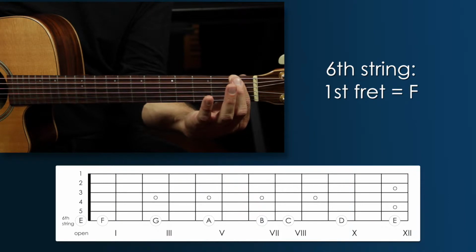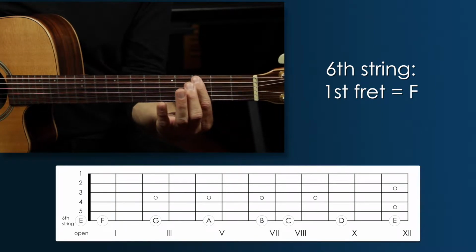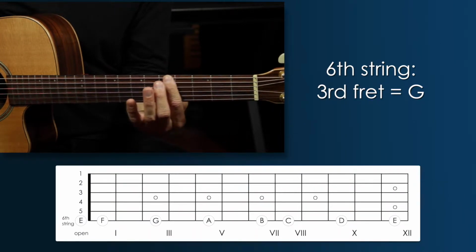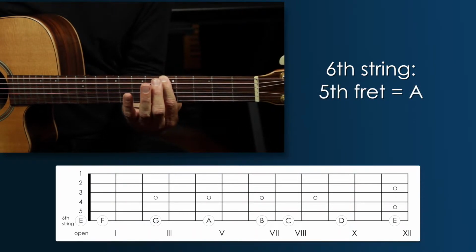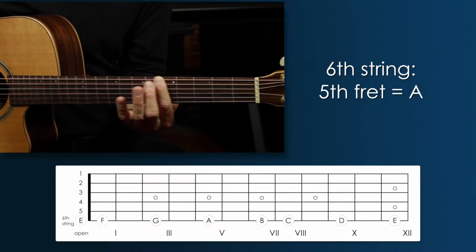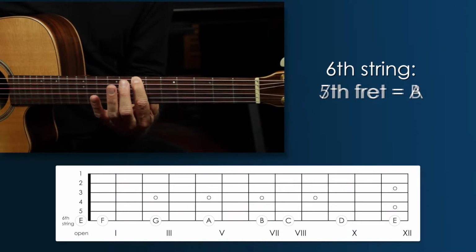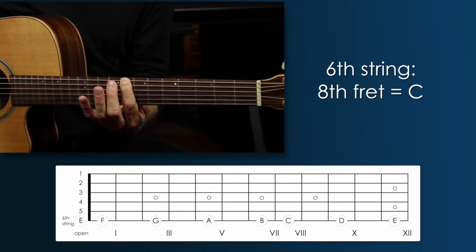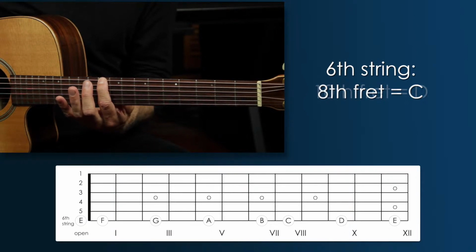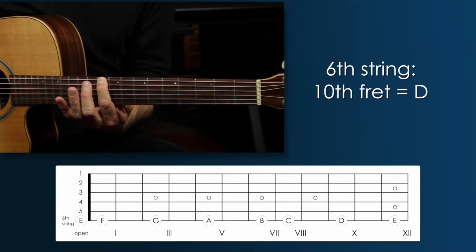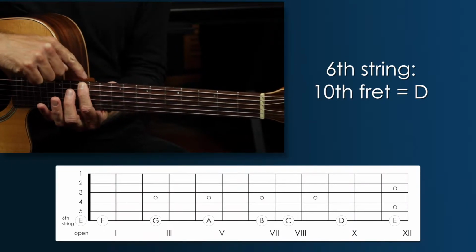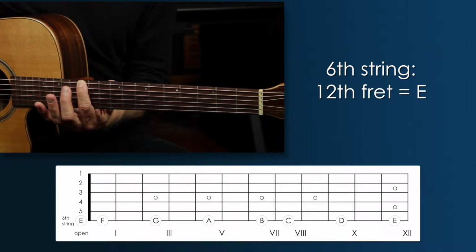That's the note F. The 3rd fret is the note G. The 5th fret is the note A. The 7th fret is the note B. The note at the 8th fret is C. And the 10th fret is D. And then when we get to the 12th fret, where the double dots are on the side of your fretboard, that is E again.